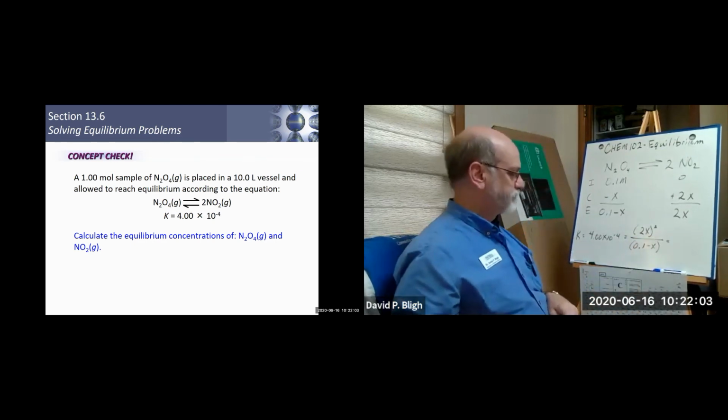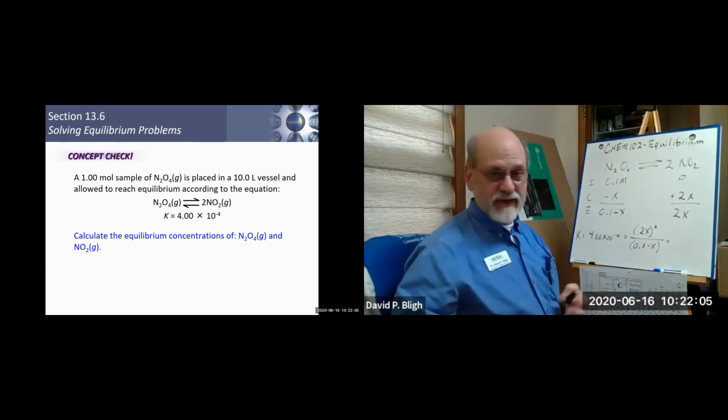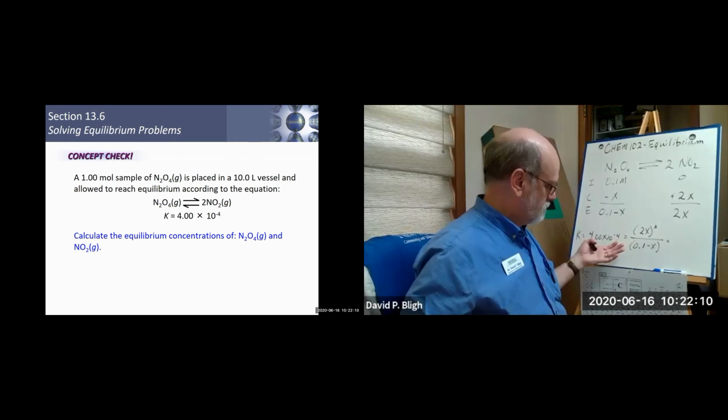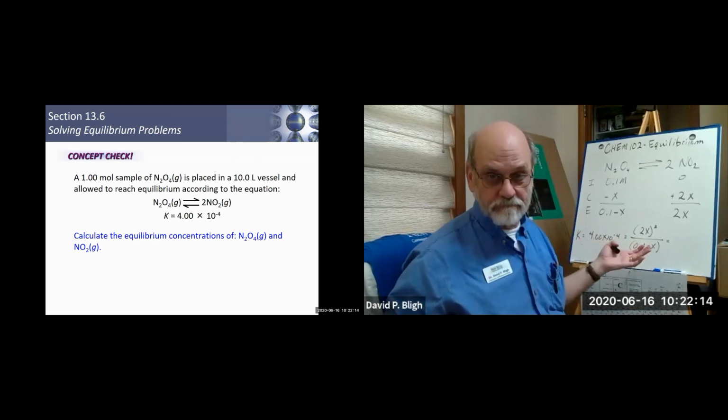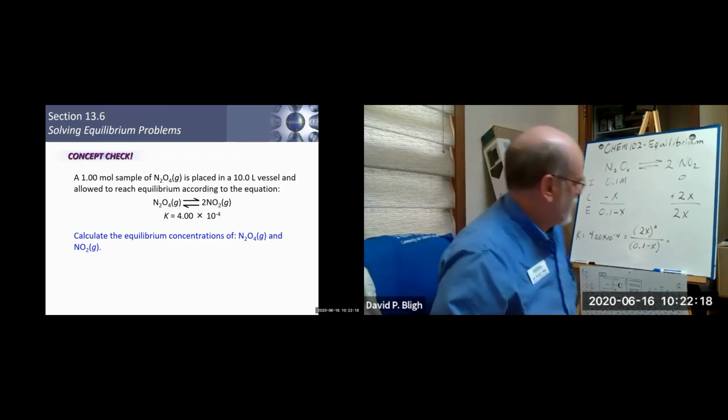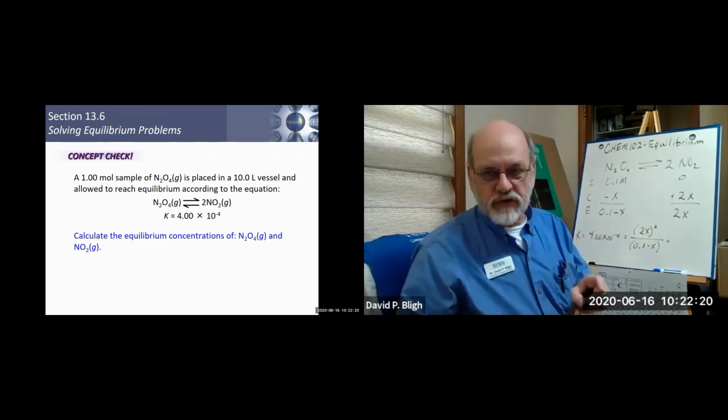Okay. So it looks to me like we're ending up with another quadratic equation. But here's the first trick.